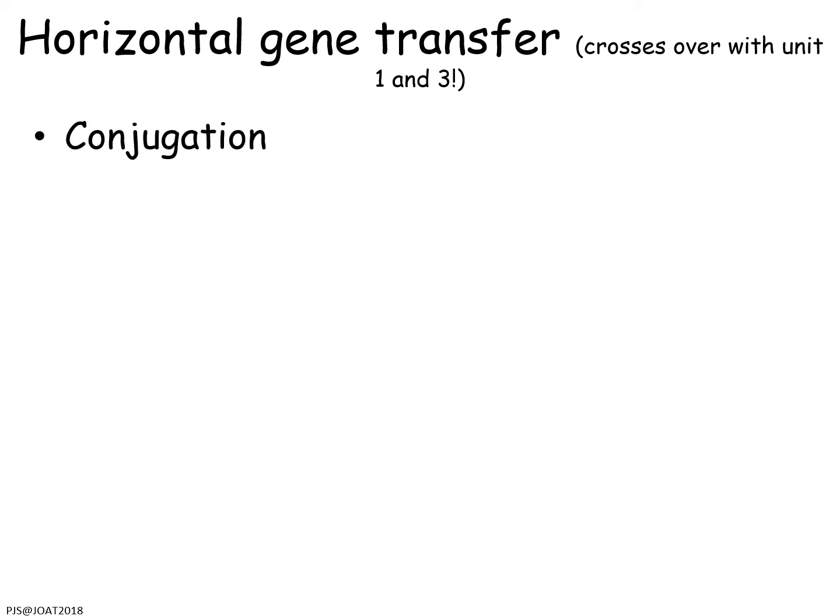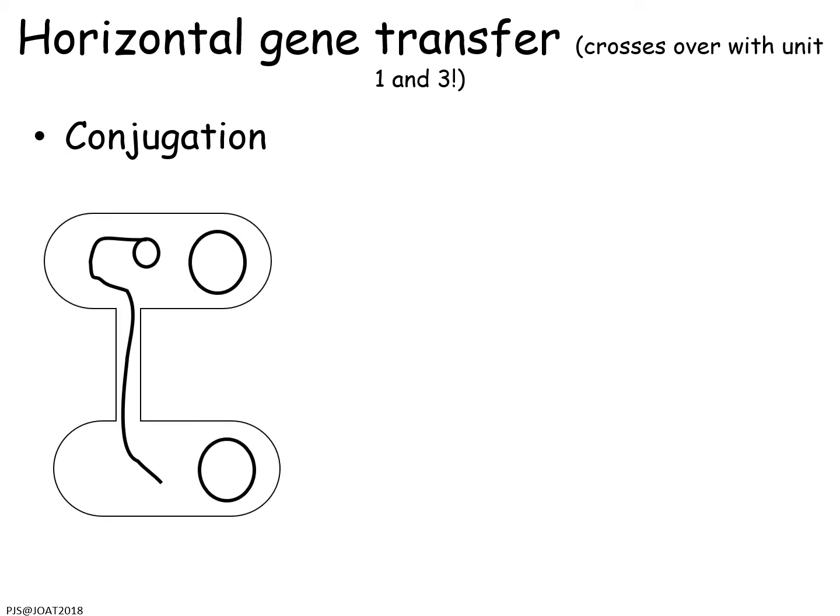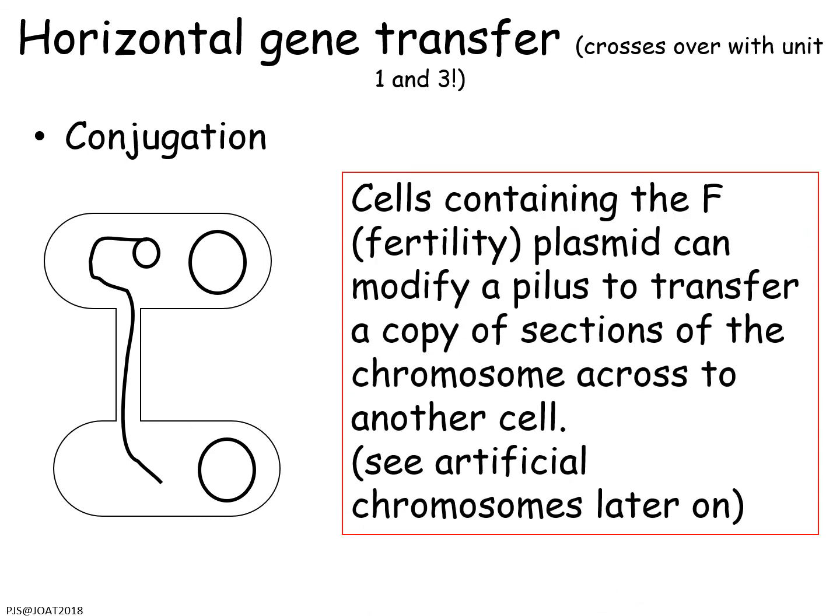Third possible way of doing this is something called conjugation. And conjugation, when this was actually discovered, that how and why this was happening changed a lot of biology thinking in terms of bacteria. So what they discovered is that some bacterial cells contain a plasmid called the F plasmid, the fertility plasmid. And what this plasmid does is allows the first bacteria to create a tube made up of a pilus, which is one of the connections that they use to anchor.